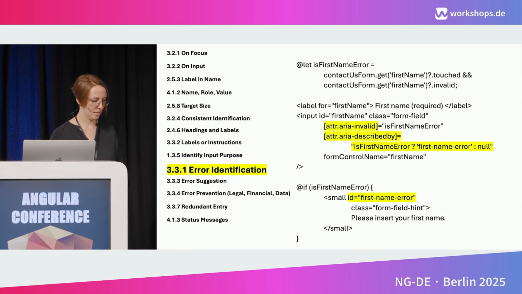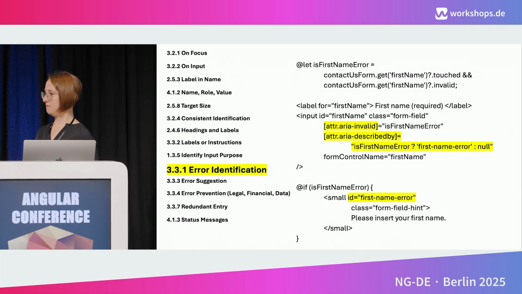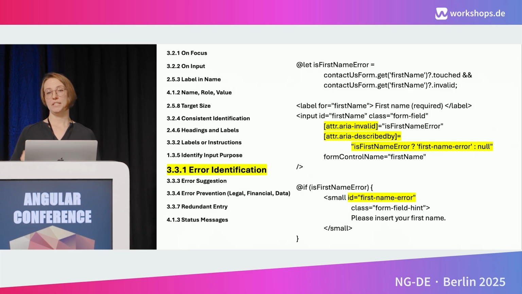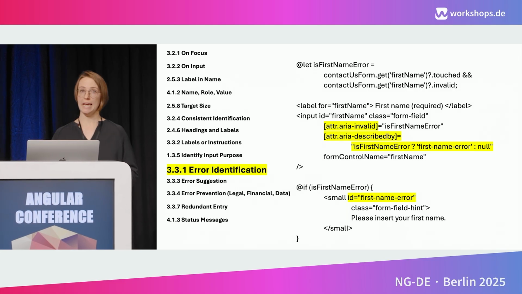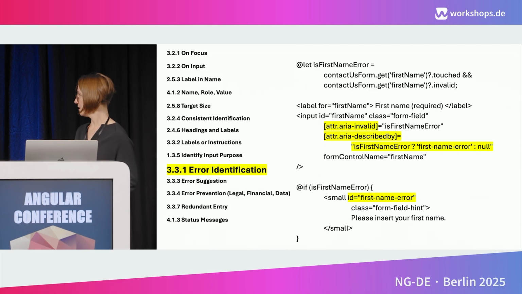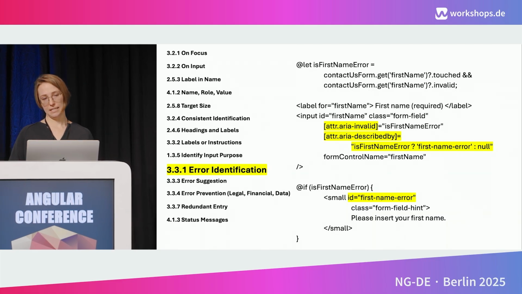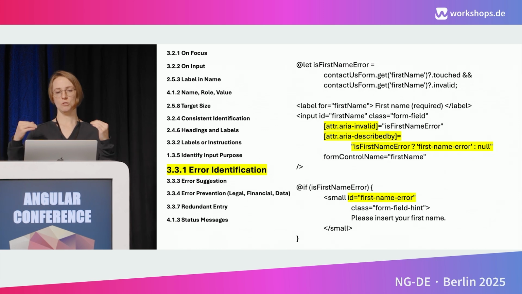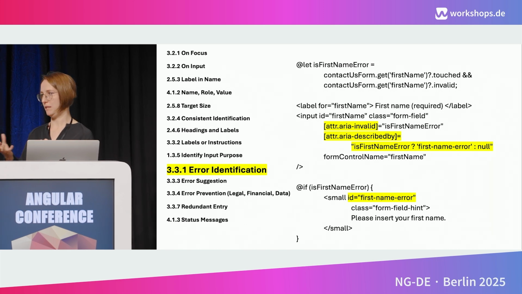And now the users start to fill in the form and errors happen. First thing, you have to identify this error programmatically. What does it mean? Well, first of all, you have to provide aria-invalid to say that this is an invalid input. Second, you have to display some error message probably, and then you have to connect this error message with the input field.